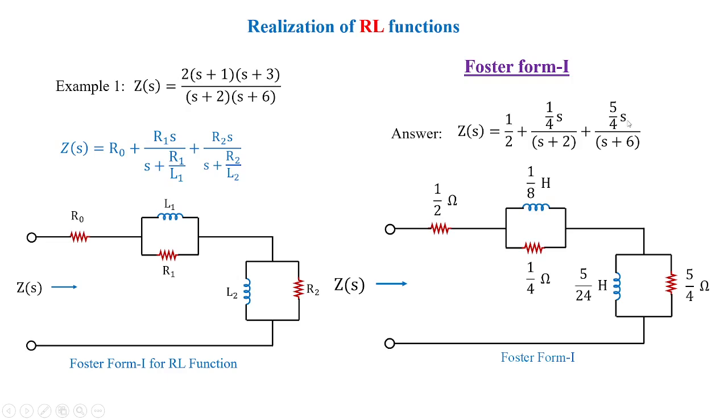Similarly, (5 by 4)S by (S plus 6) can be framed as 5 by 4 ohms, that is the resistance value, and the inductance value as 5 divided by 4 multiplied with this will give the value as 24. So 5 divided by 24 henries is a representation of Foster form 1 RL function.